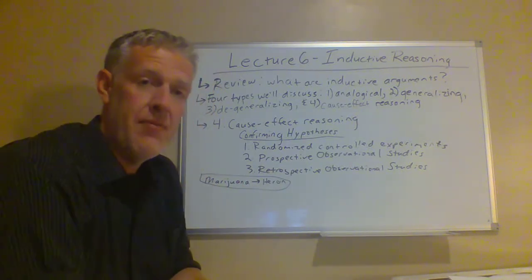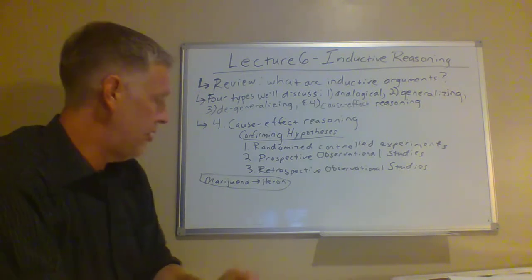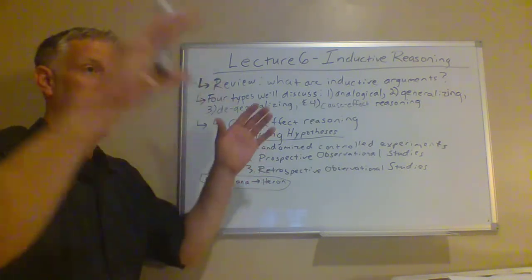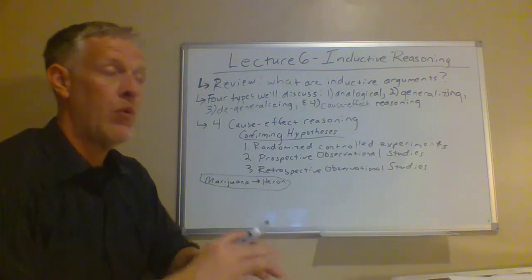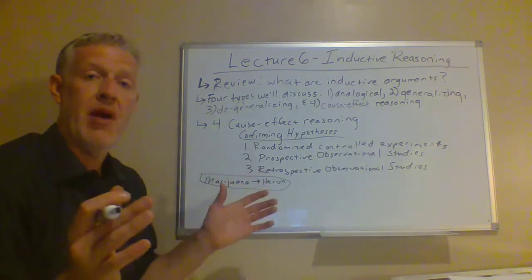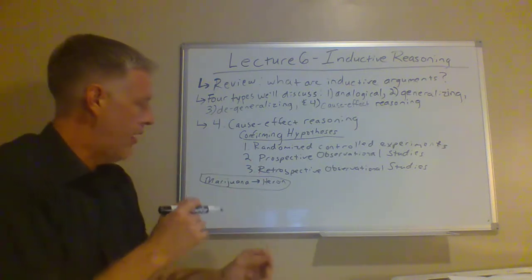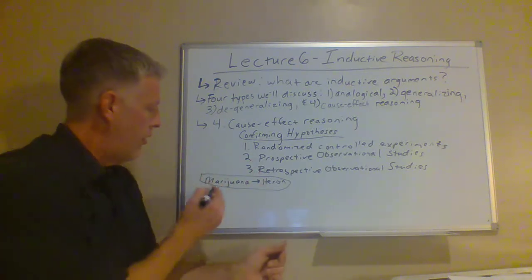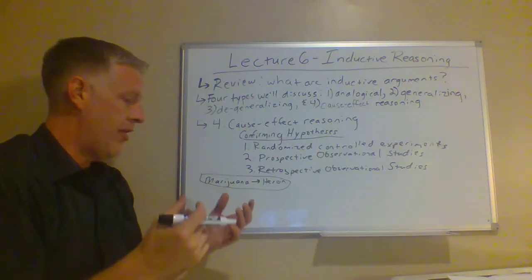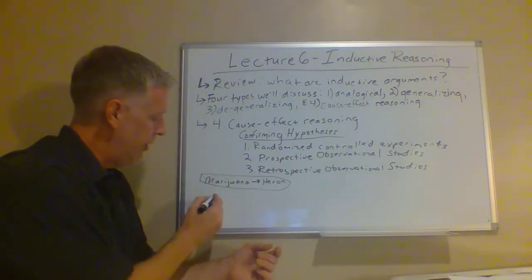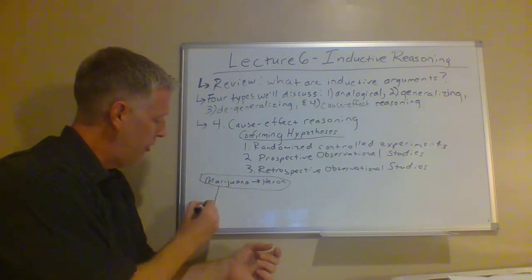If we were to have a randomized controlled experiment, what we do is randomly sample, in this case, the population at large, if what we want is to infer conclusions about the population at large, meaning every human. We would have a random sample, and then we would subject some of them to marijuana, the experimental group.